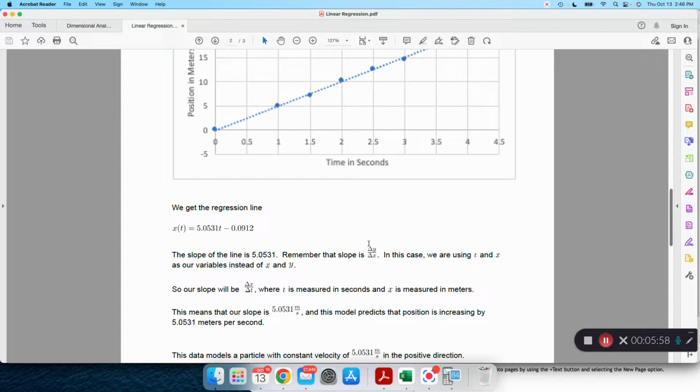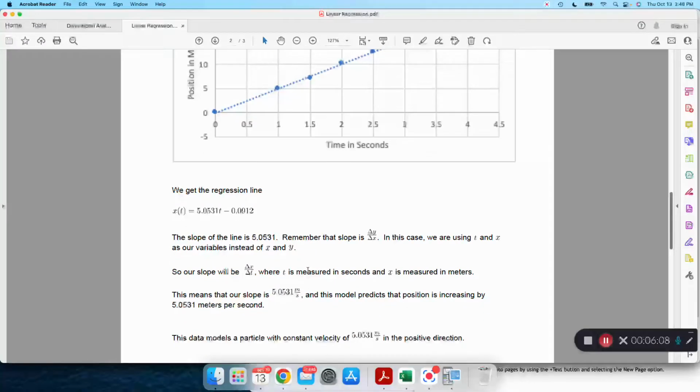So instead of change in Y over change in X, this will be change in X, position, over change in T, time. So my slope here is going to be measured in units of output over units of input. T's in seconds, X is in meters. That slope then is measured in meters per second.